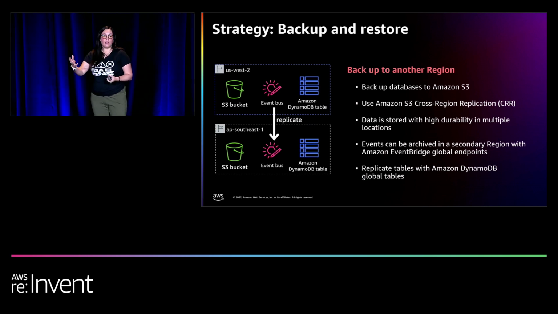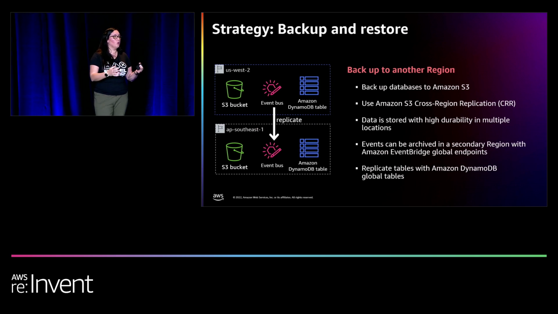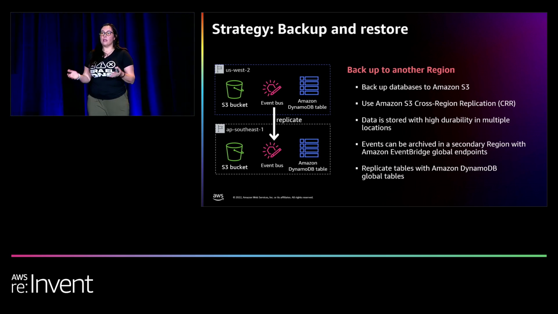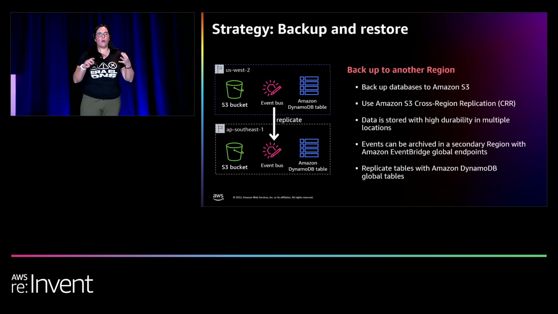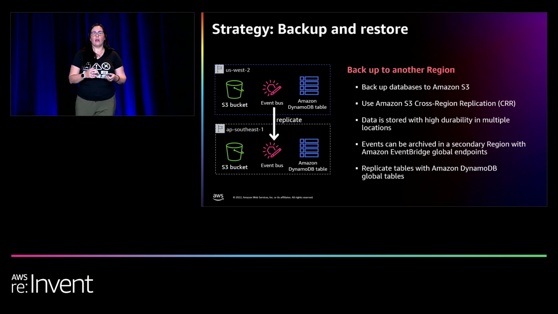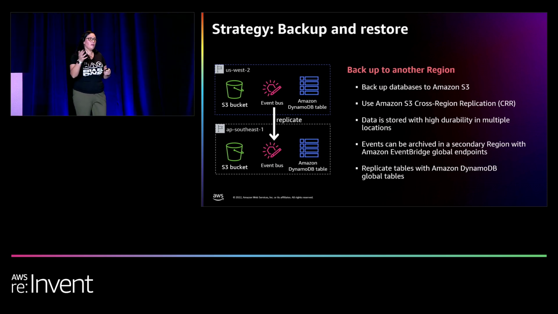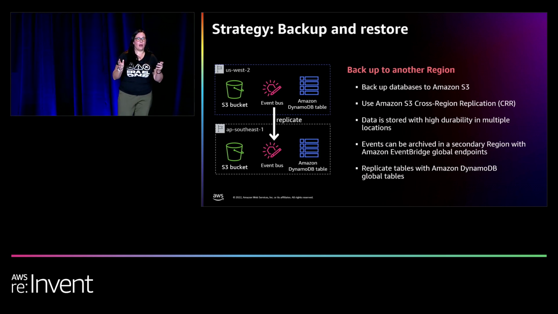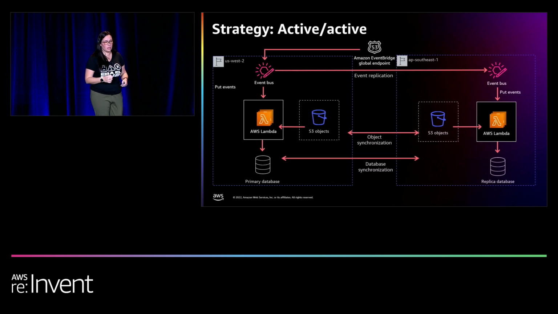With backup and restore, the idea is just to cold backup your data into another region. And here you can use different services like S3, DynamoDB. Most of our databases allow you to do that. EventBridge allows you to do that. There are many, many services where you basically enable a tick, and you say in which region you want to have the replication, and it will do it automatically for you.